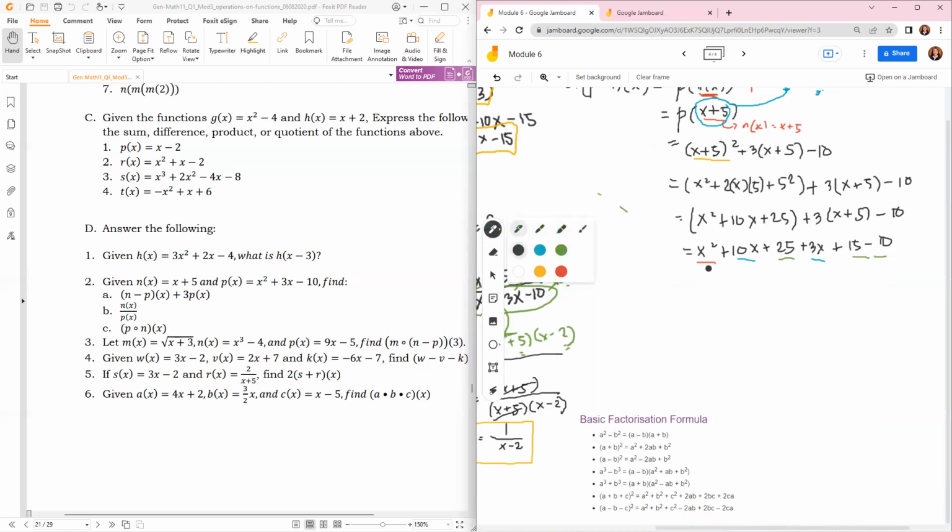Let's organize: x squared, then 10x plus 3x is 13x, then 25 plus 15 is 40, minus 10 is 30. So the simplified expression is x squared plus 13x plus 30.